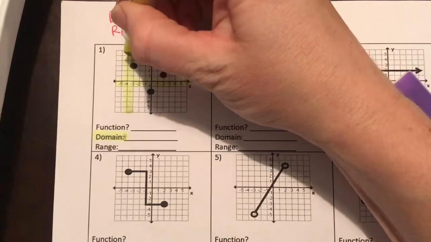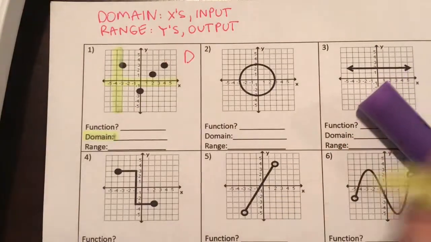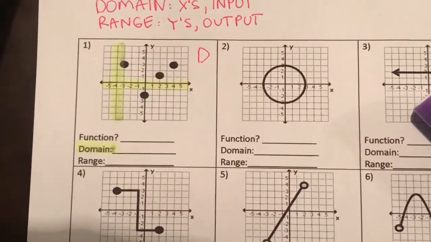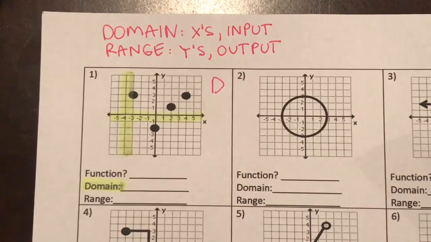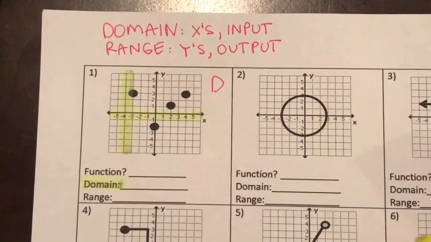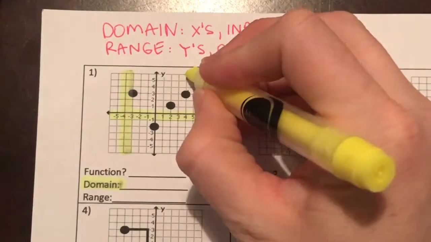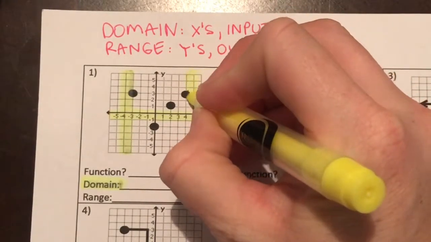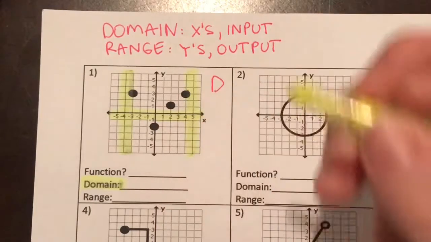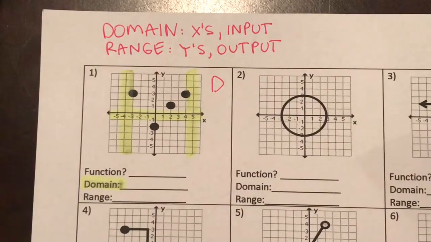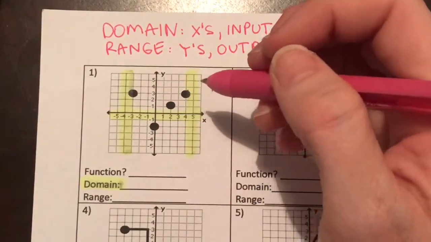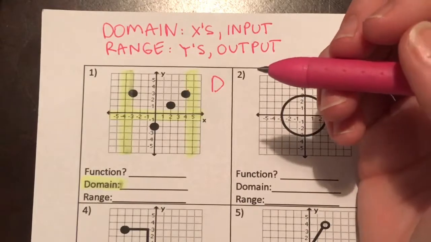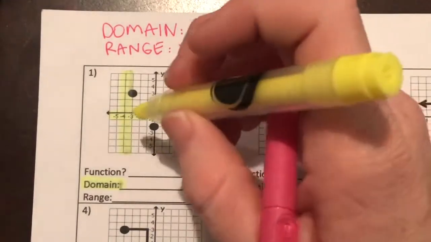And so I'm going to outline that furthest most point, and I'm going to box it with yellow. Okay, and then I'm going to do the farthest right with yellow as well. So I am basically boxing in my function on this one. But the difference with discrete is these are not connected. So discrete, I am going to basically do that for every single point, all right?